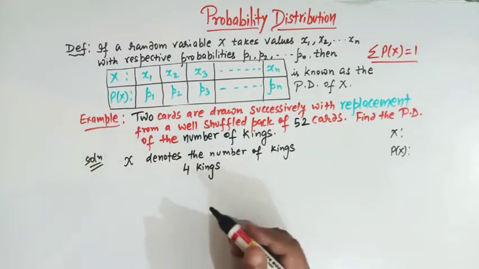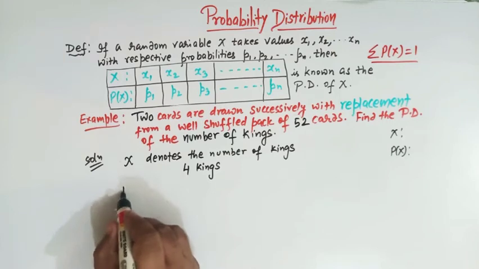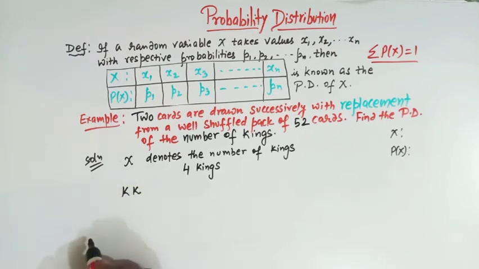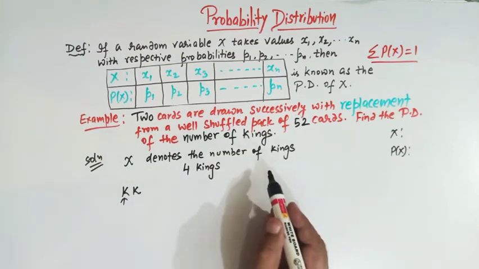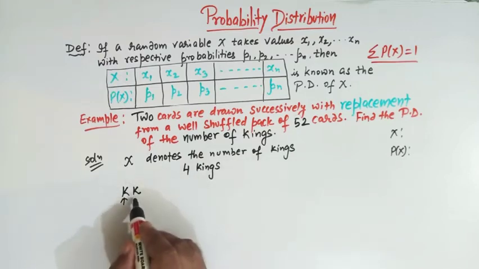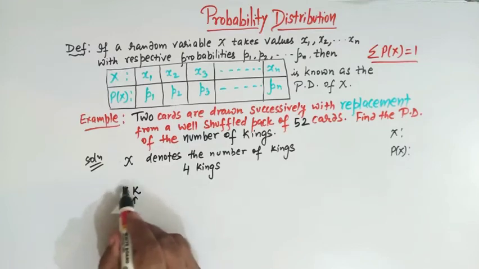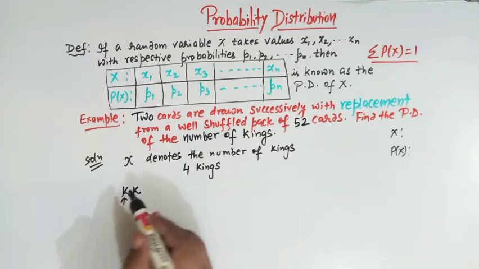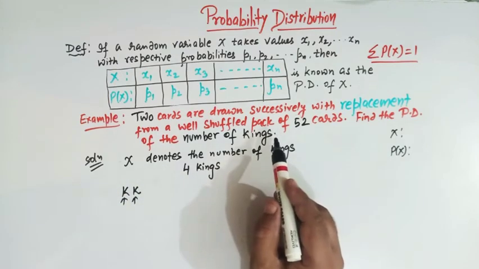So we can say that when we have KK, it means in the first draw we have the king, and then we have replaced the card, and then we have again drawn the card, and again we have got the king. So the event KK means we are getting kings in both the draws, right?